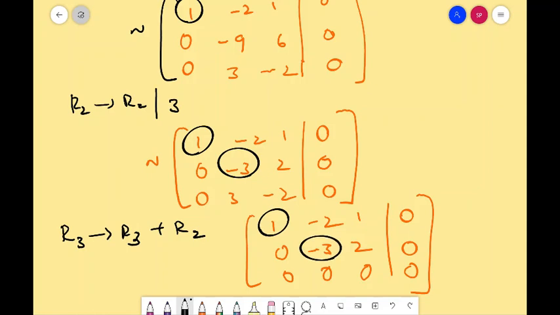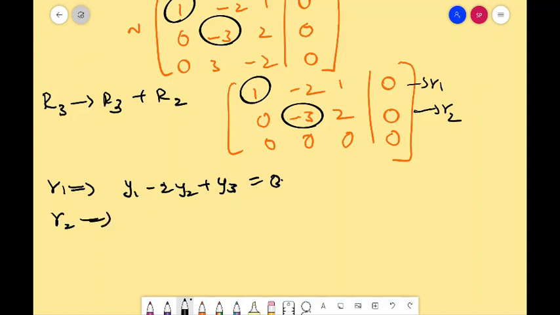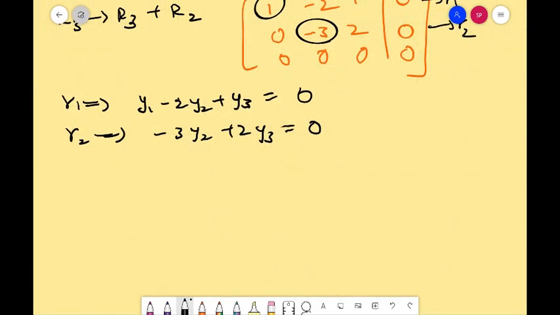So the echelon form is completed. This is R1, R2, and R3 is a zero row. R1 implies y1 minus 2y2 plus y3 is equal to 0, and R2 implies minus 3y2 plus 2y3 is equal to 0. Call these equations 3 and 4.